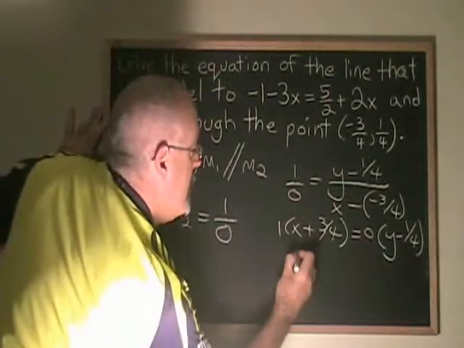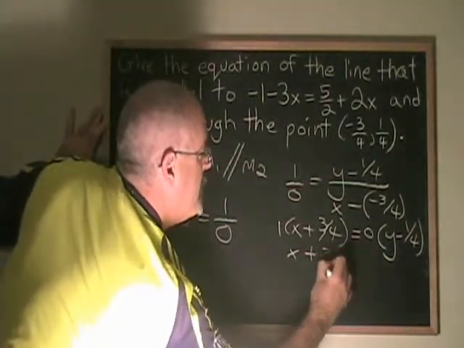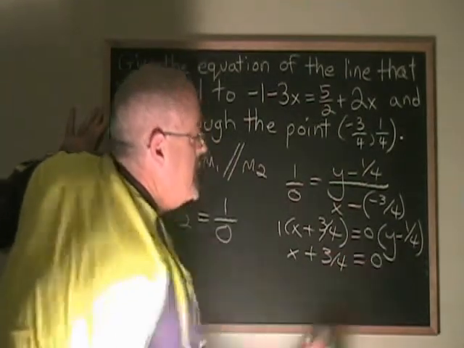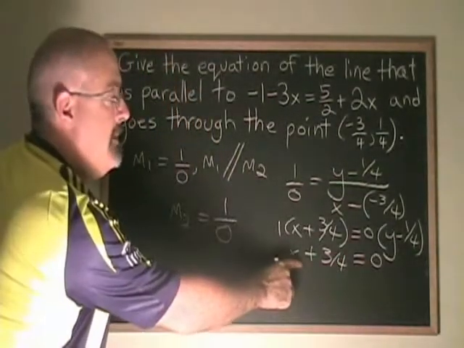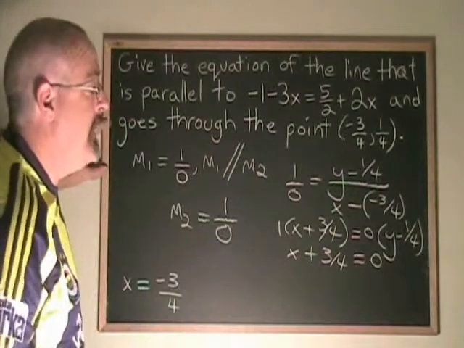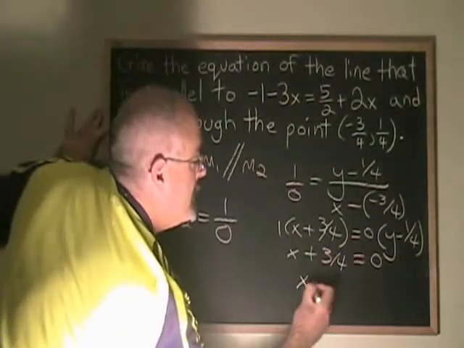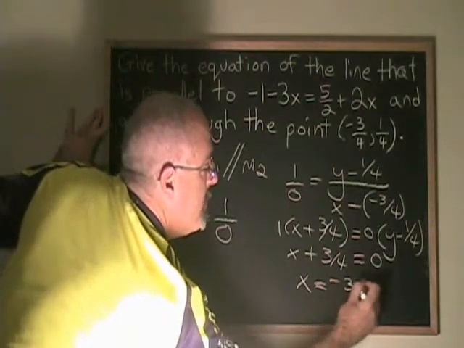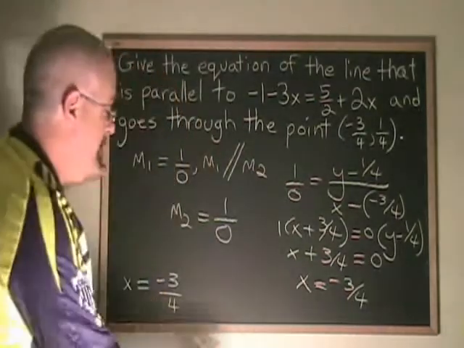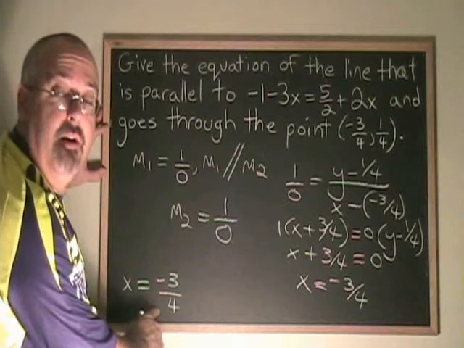Simplifying, x plus 3/4 equals 0, and this can be seen as my answer in standard form, but I can move the 3/4 to the other side of the equals and get x equals negative 3/4, which is the same answer I originally decided I would get.